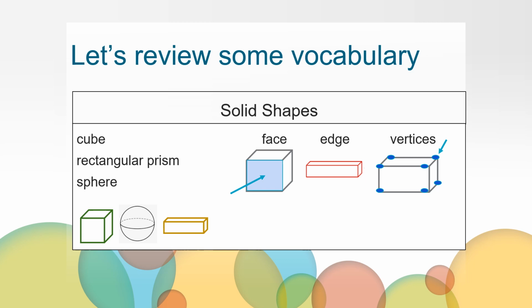What is the name of the green solid shape? Did you say cube? If you did, you are right. What's the name of the next solid, the round one in the middle?